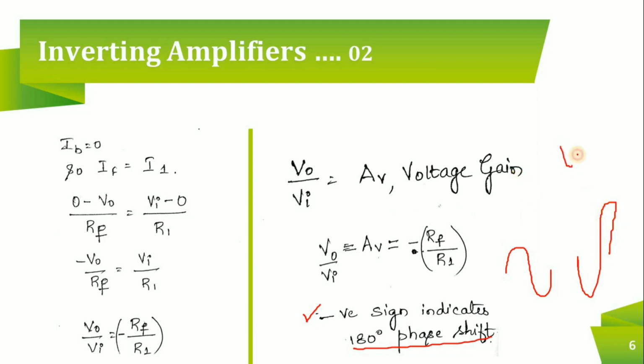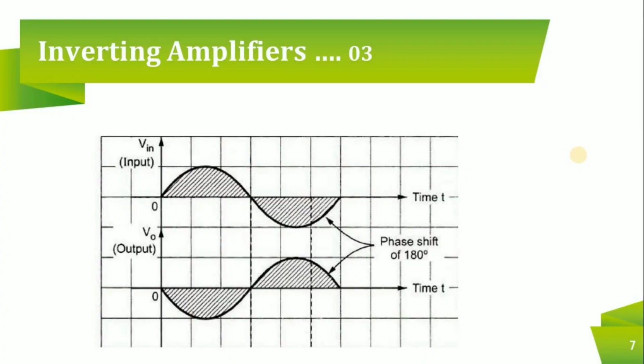So that we will see in the waveforms. Here you have an input which is a sinusoidal signal. Here you have a positive peak, but at the output you have a negative peak. There is a mistake here: you have to increase the amplitude, which is not shown here. So both can't be at the same amplitude.